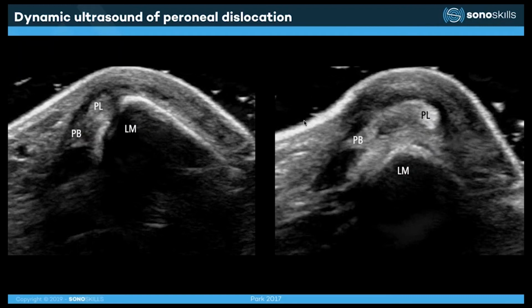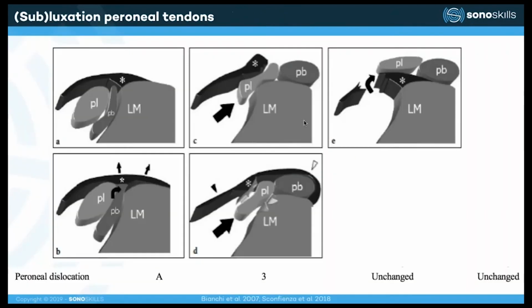In the left image, they appear to be okay, but while moving, you suddenly see them popping over the lateral malleolus, meaning that the stability mechanism has been torn. This retinaculum, which holds the peroneal tendons in place. And this can have several factors. There are numerous reasons why this retinaculum can tear.